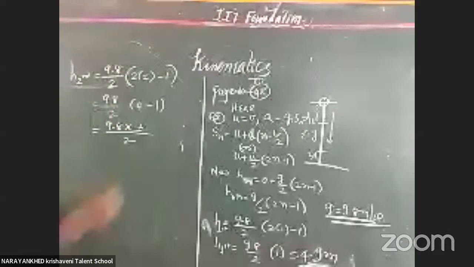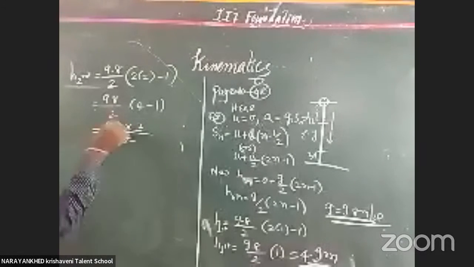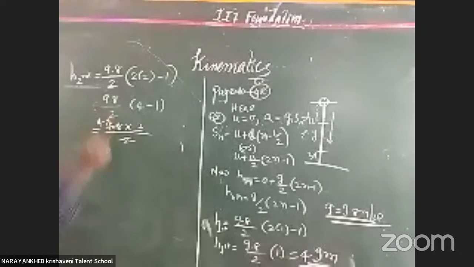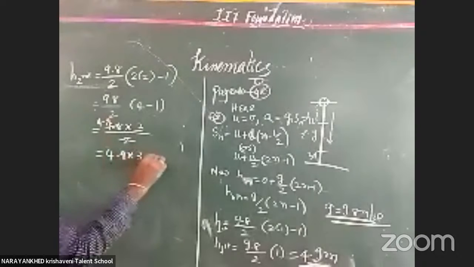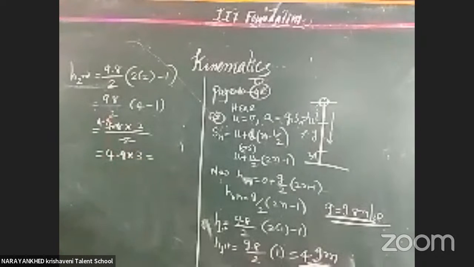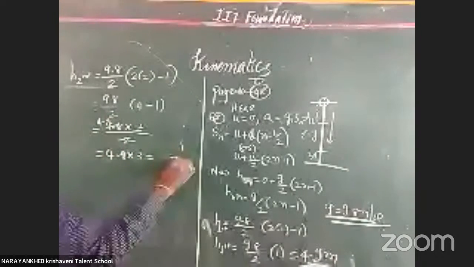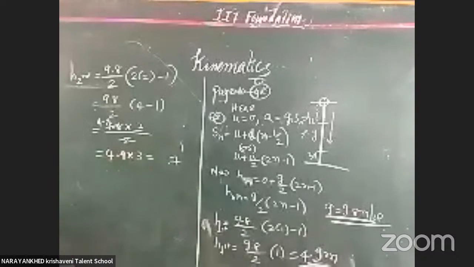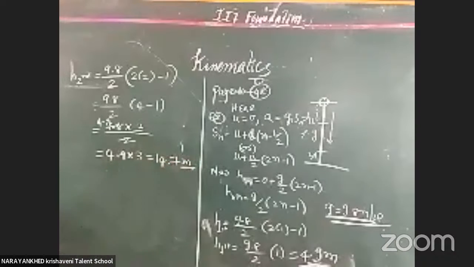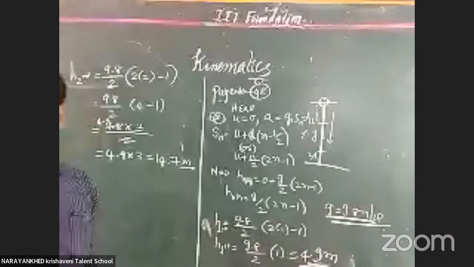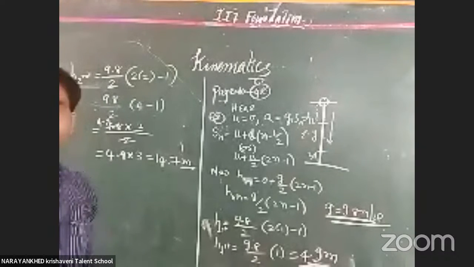Now 4.9 into 3, how much is it? 4.9 into 3 is 14.7 meters. In the second second, how much distance does it travel? 14.7 meters.